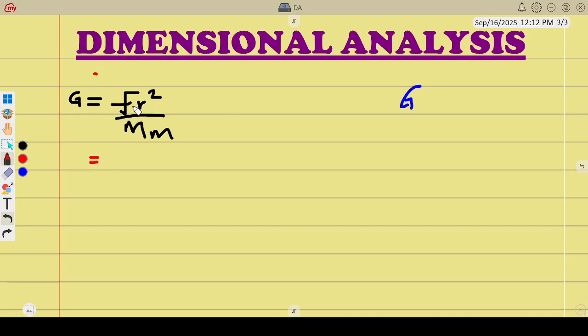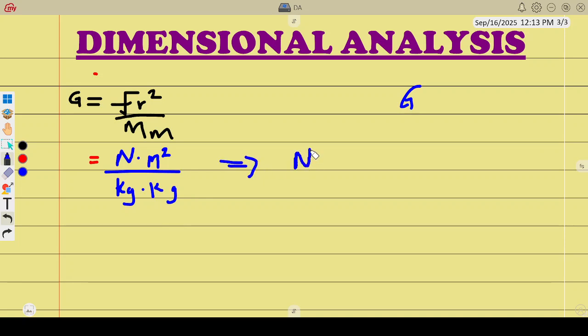So what are the units for force? The units for force, we have newtons times the units for r, the radius, it is the distance. The units for r, it is m, meters, and then it is having a power 2, over the units for m and m, it is kg. So I have kg and kg.